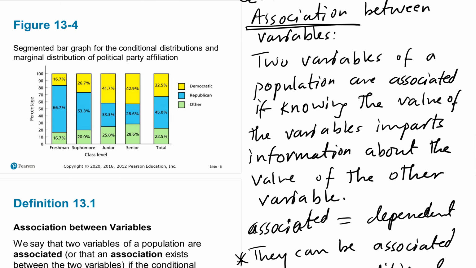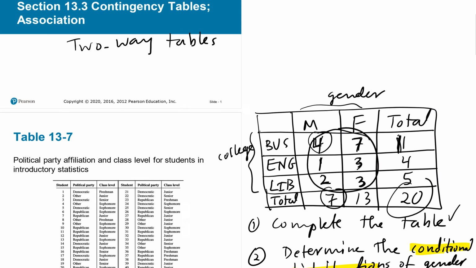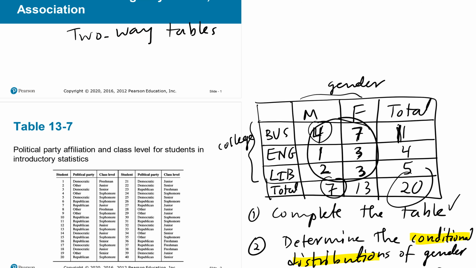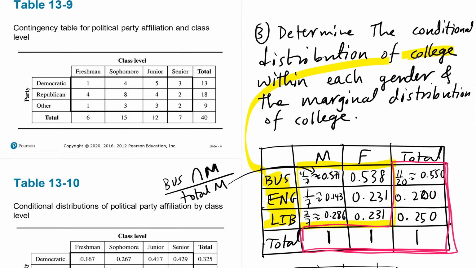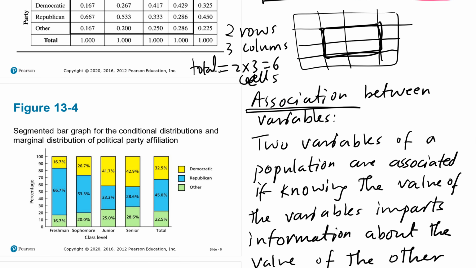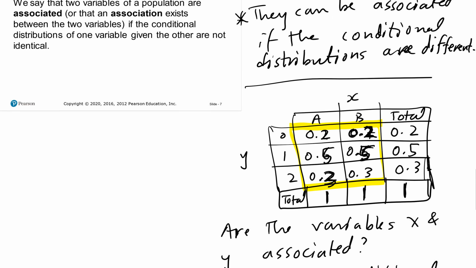So originally, when we have actual data, like the first table that we have here, to get the marginal distribution you just take 11 divided by the total 20, 4 divided by 20, and 5 divided by 20. That's how we got these numbers. But for this one, we don't have the original count of each, we don't have the frequency.